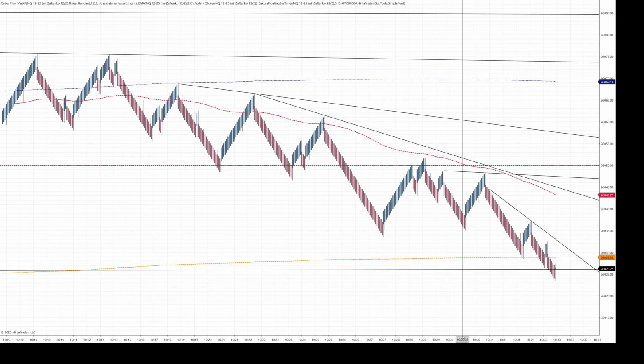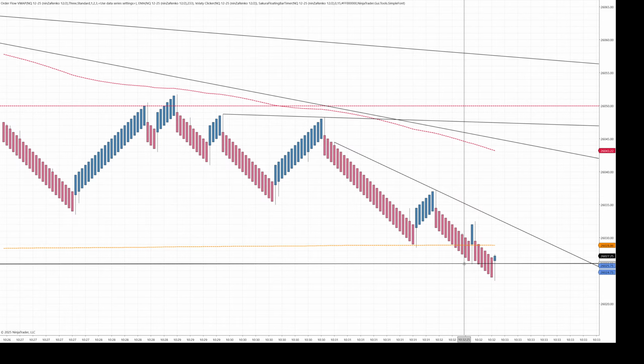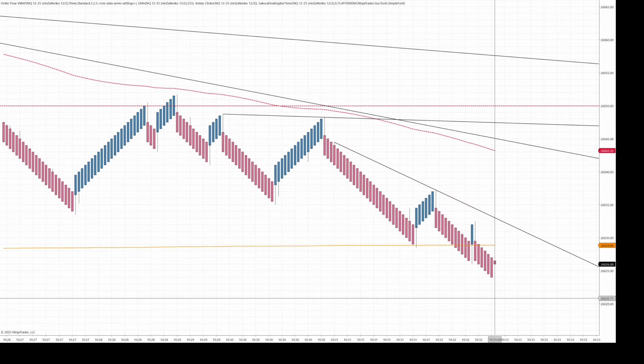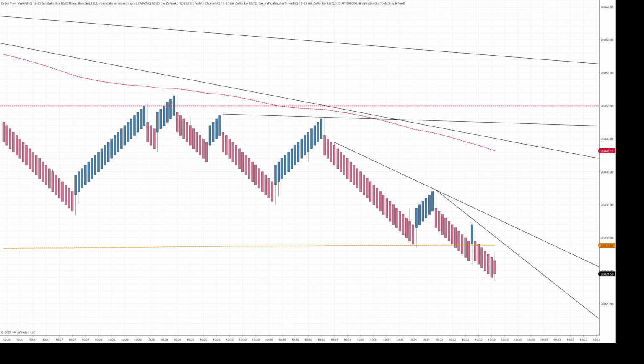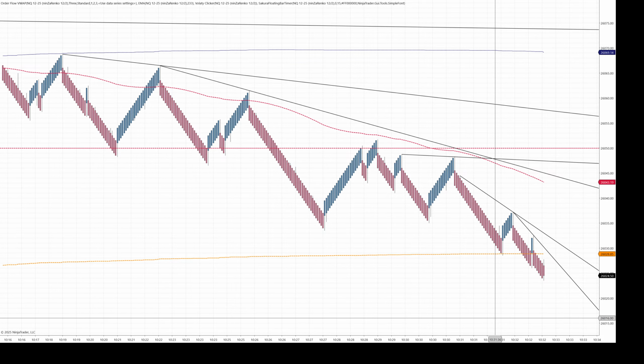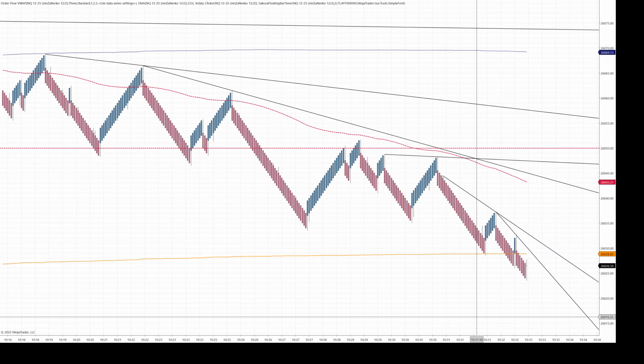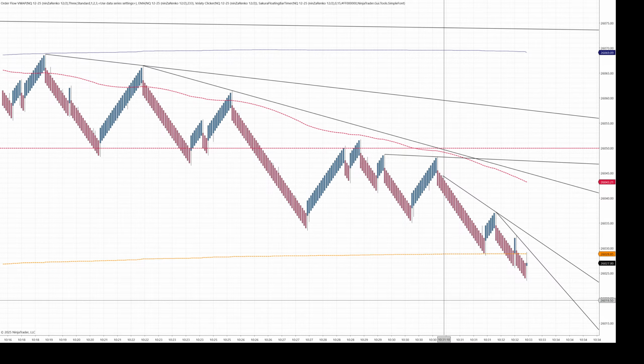And we wouldn't have been able to take this bearish setup right here, because the trigger happened before this trend line.